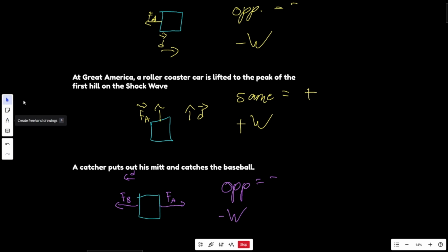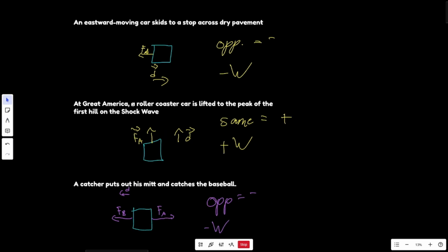Just to recount, the moving car is going the opposite way from where the force is being applied because we're braking, and braking means going opposite from the direction that we're going. And for the roller coaster, it is going up, and the displacement is also going up because we're going towards the peak. So that means there's positive work because the force is going in the same direction as our displacement.